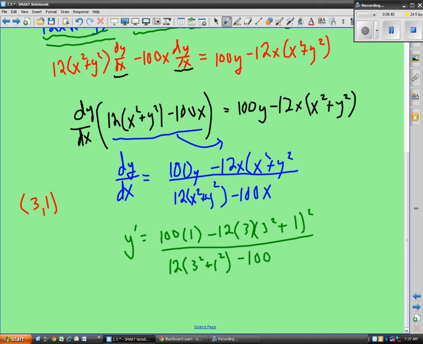And when all those numbers are crunched and tabulated and all that fun stuff, I should end up with 13 over 9. And so that's basically what we're trying to find, and that's the slope of the graph at that given point.